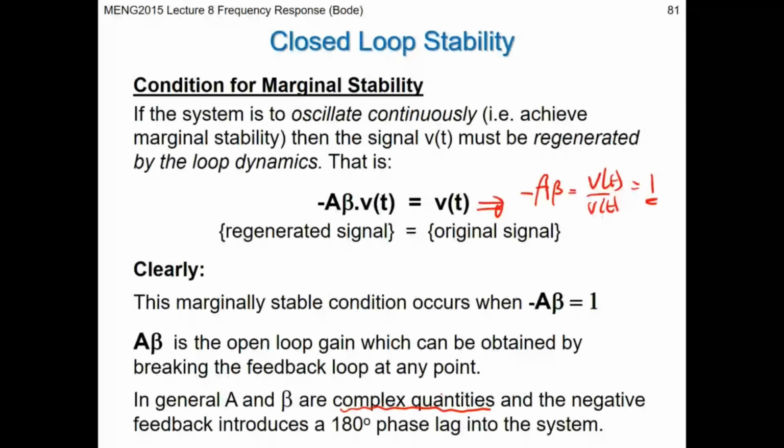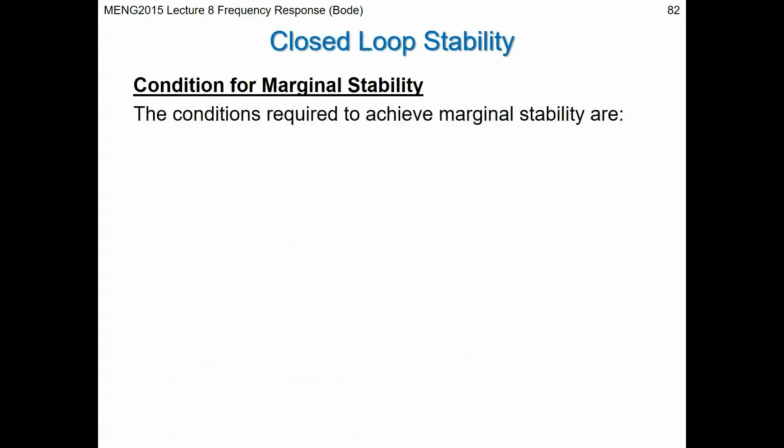So we've got this negative 180-degree phase shift from the summing block, and we've got A beta, which is the gain of the system. So we've got two conditions that are required for this marginally stable condition to be true. One is that the magnitude of A beta, the gain, has to equal 1, and also the argument of A beta has to equal 180.